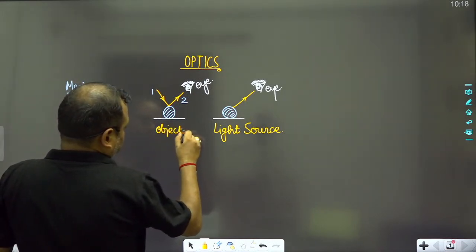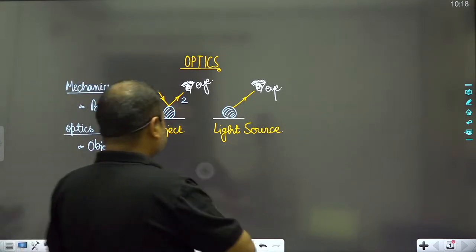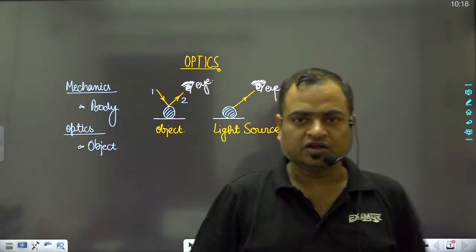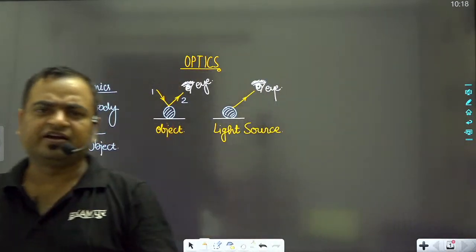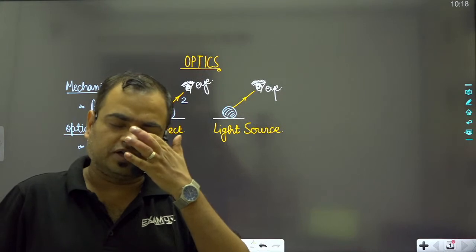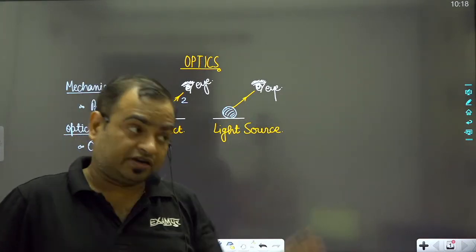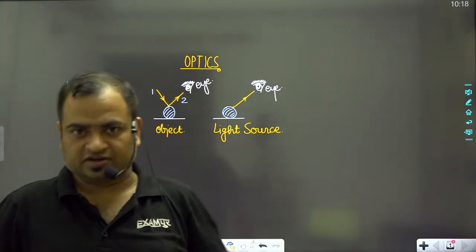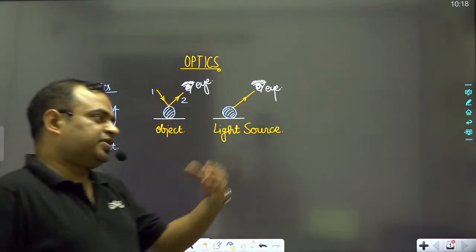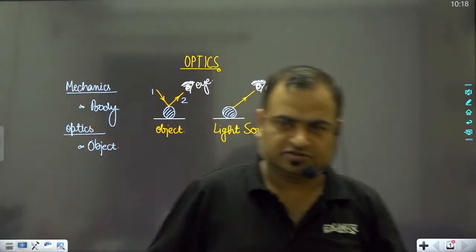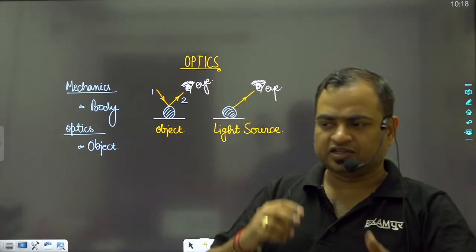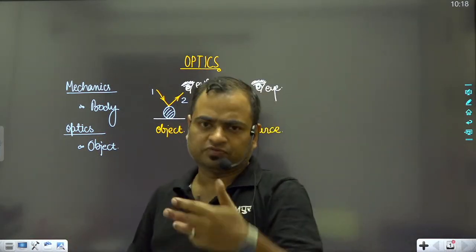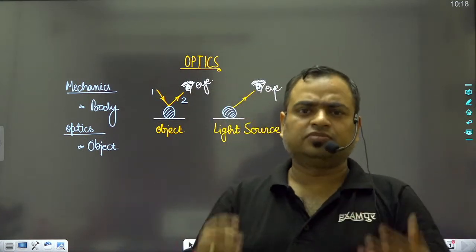Now the third point is that there are many different kinds of colors in this world. We all know that, but in white light there are only 7 colors. We can make any color by using these colors in different combinations, either by mixing 2 colors or 3 colors or 4 colors.